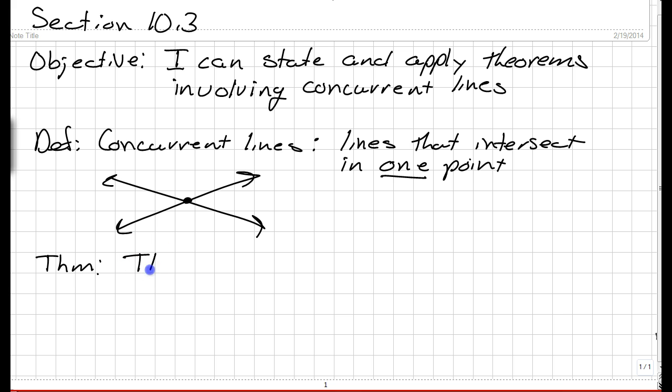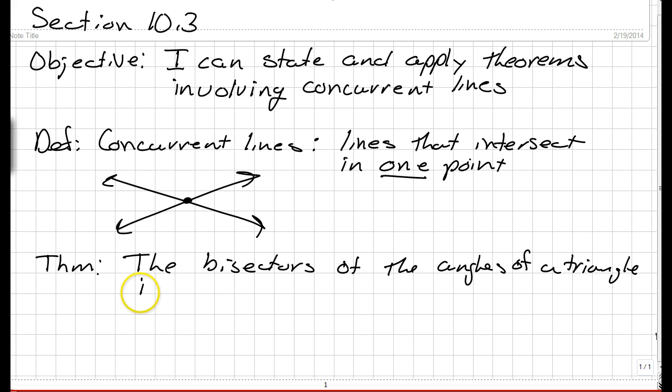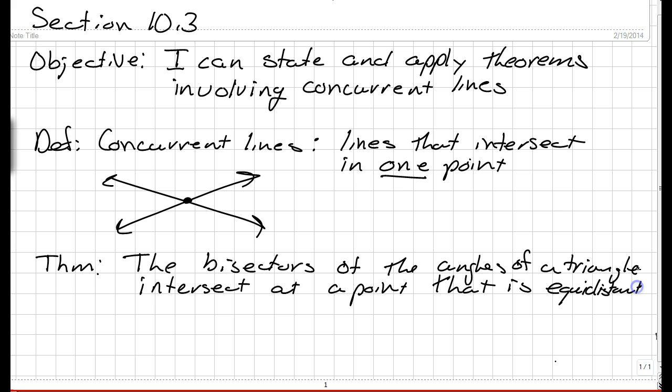And it says the bisectors of the angles of a triangle intersect at a point that is equidistant from the sides of a triangle.